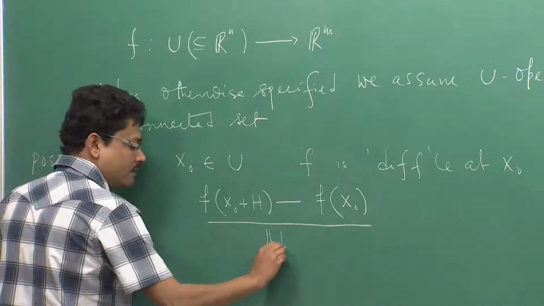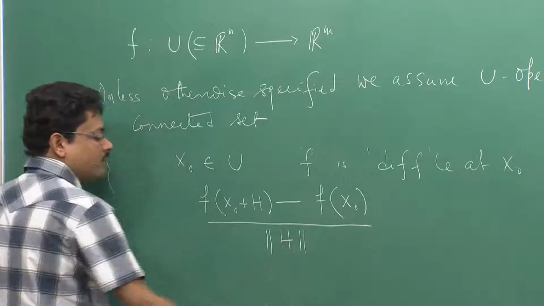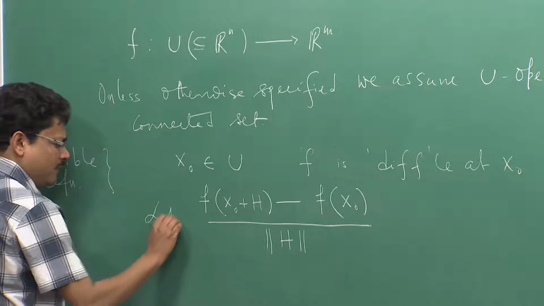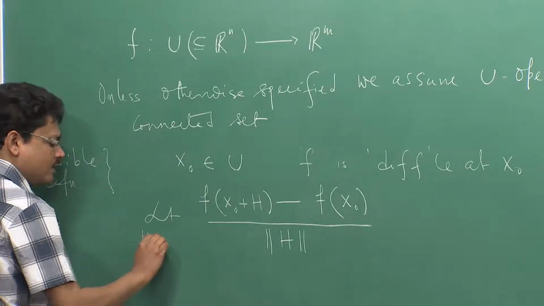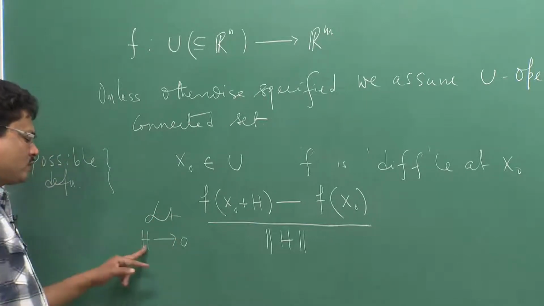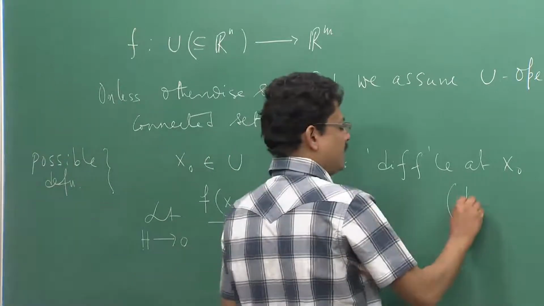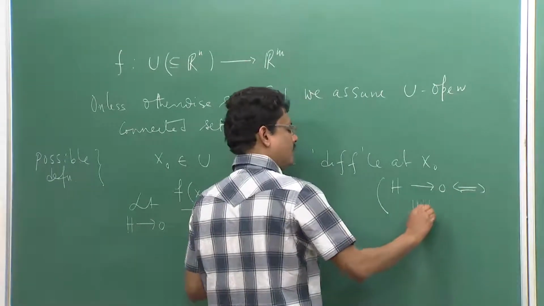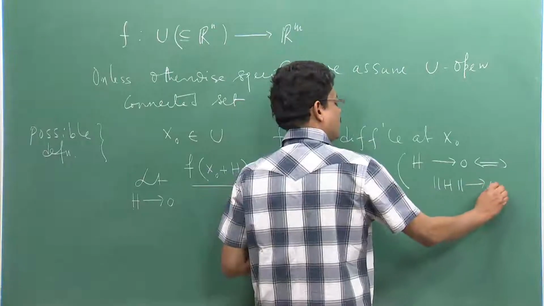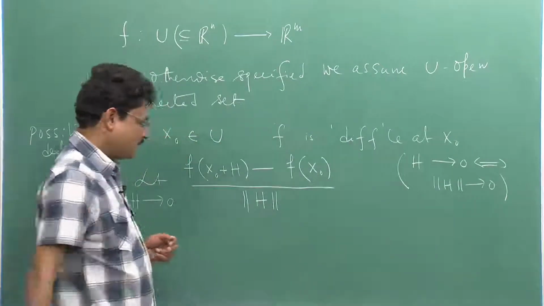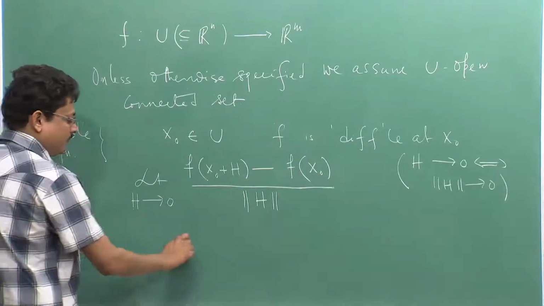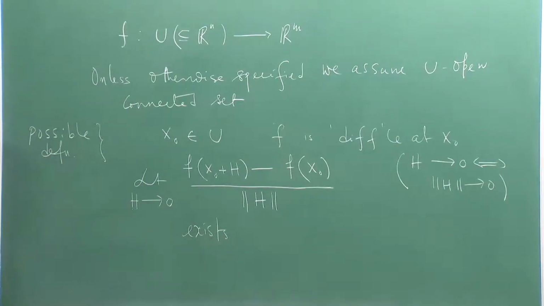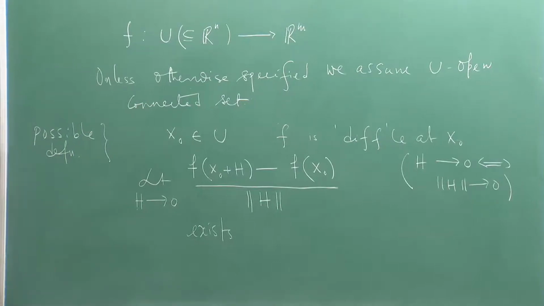So, I divide by the length of the increment, and here the concept of length is norm, and then try to put limit h goes to 0. Recall that h goes to 0 is the same as saying norm of h goes to 0, that follows from the definition of norm, right. And if this exists, then I will call it differentiable and I will denote it by f prime at x naught.